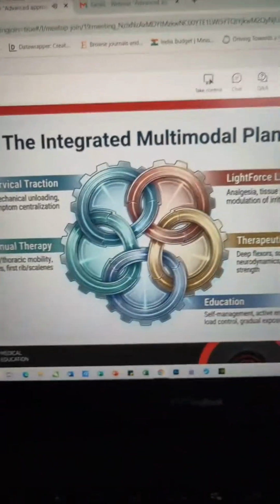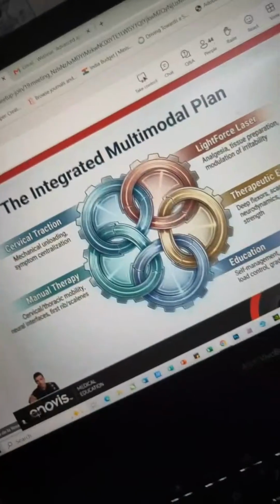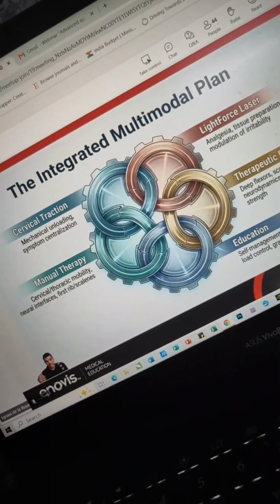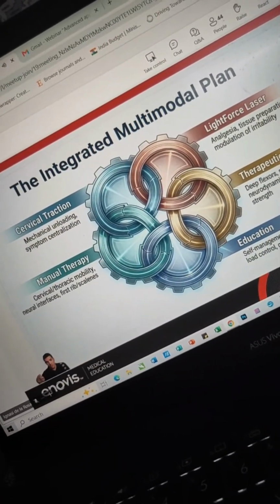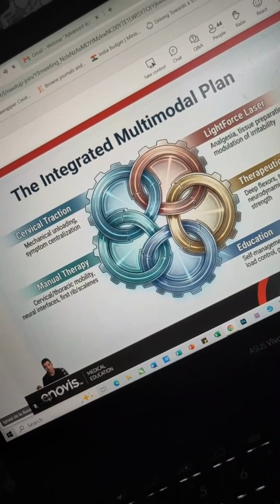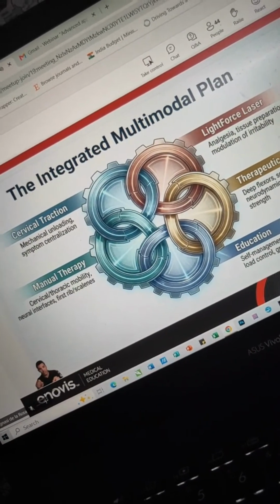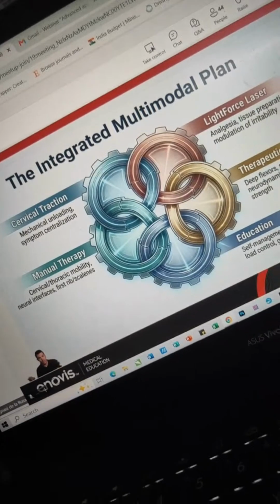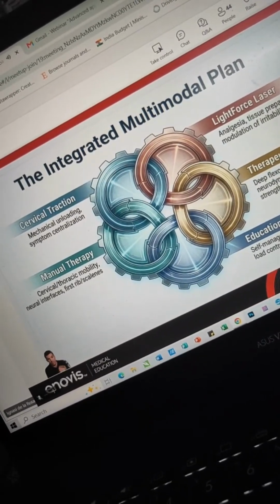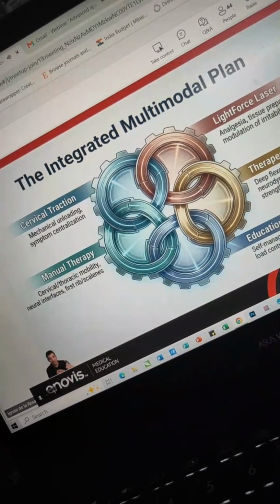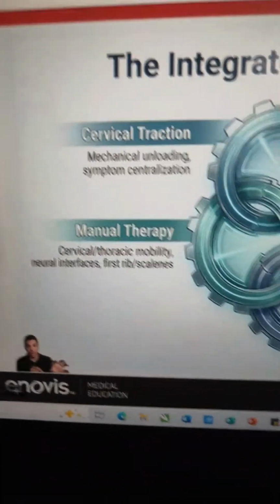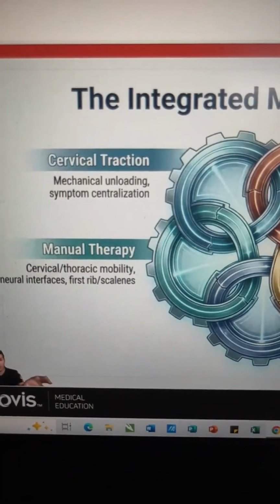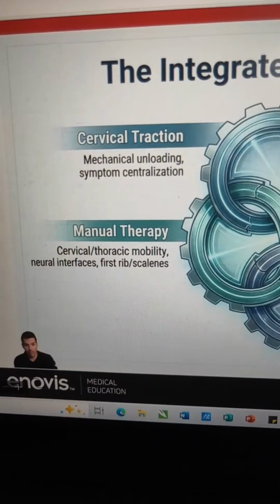Well, look, the therapeutic plan, as we're discussing, integrates the different interventions with complementary objectives. That is to say, while cervical traction provides mechanical unloading in selected patients, it helps to centralize the symptoms. Laser therapy, firstly, as we've said, modulates pain, prepares the tissue, reduces irritability, and modulates inflammation.